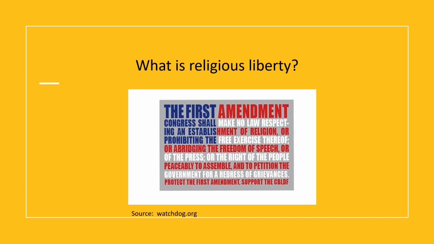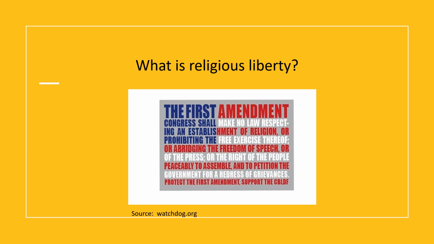So here you see a very interesting image, which is the text of the First Amendment that is also presented as an American flag. Notice for the First Amendment to the U.S. Constitution, in the U.S. Bill of Rights, that it includes several freedoms as well as one protection.